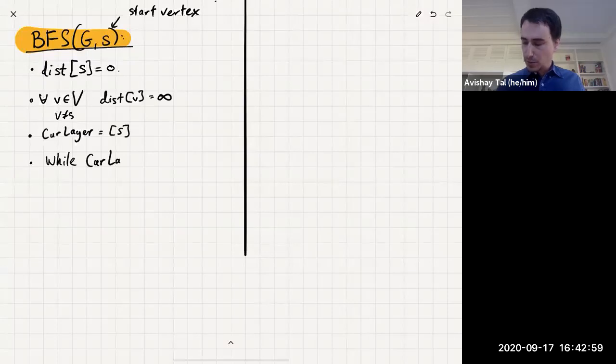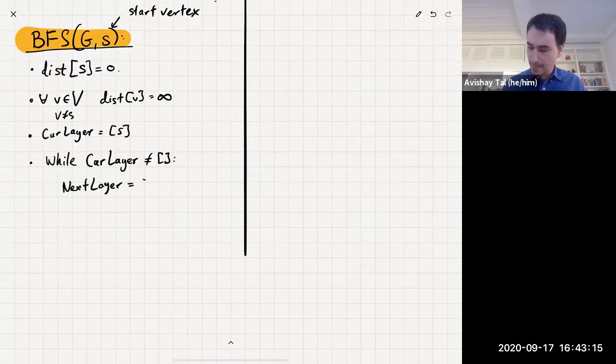So, while the current layer is not the empty list, I'm going to initialize the next layer to be the empty list. And I'm going to put everyone that is supposed to be there.